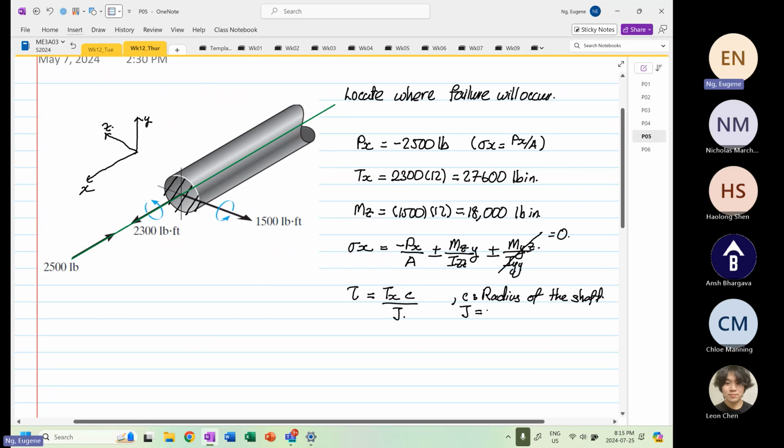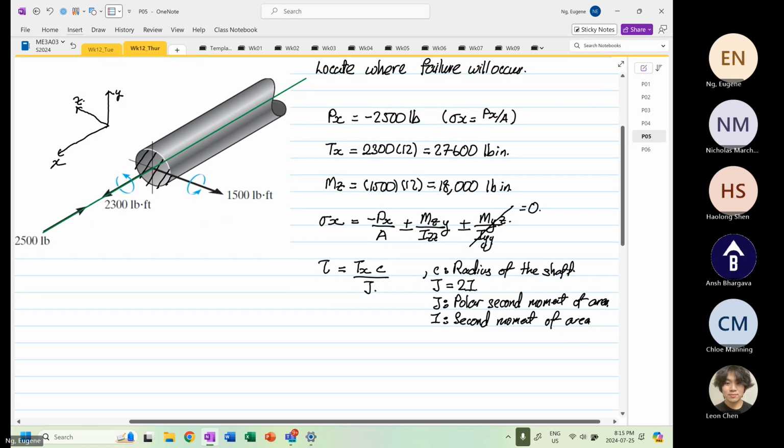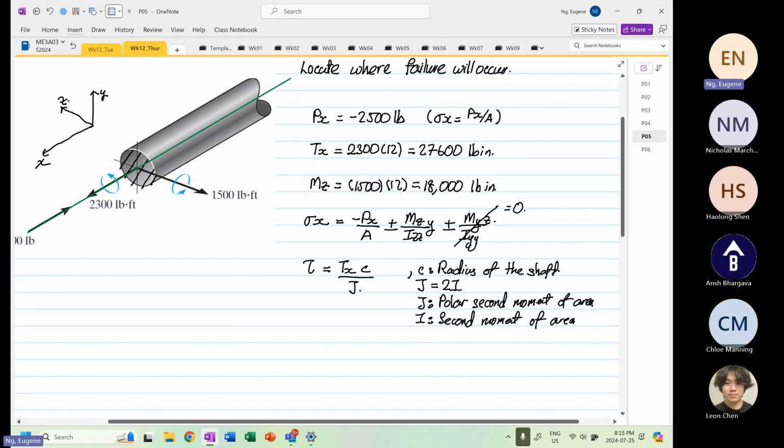J is equal to 2I, where J corresponds to our polar second moment of area, and I is our second moment of area. So to determine our stresses, we have to use these two equations.